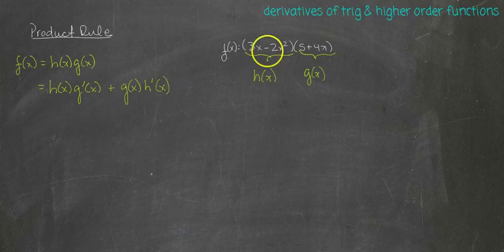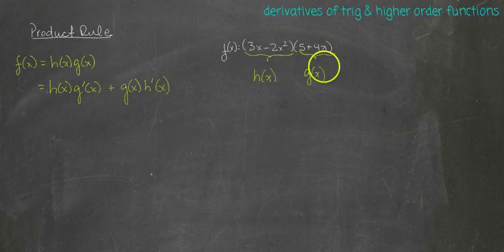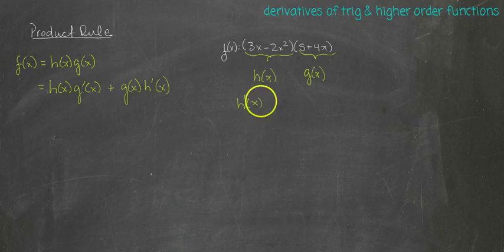So rather than working inside of this function for a second, let's go ahead and find the derivatives of the individual functions. For h prime of x, using the rules that we learned last time, the derivative of 3x is just 3, and the derivative of negative 2x squared is negative 2 times, bring the 2 down, 4x to the 2 minus 1, which is just 1.